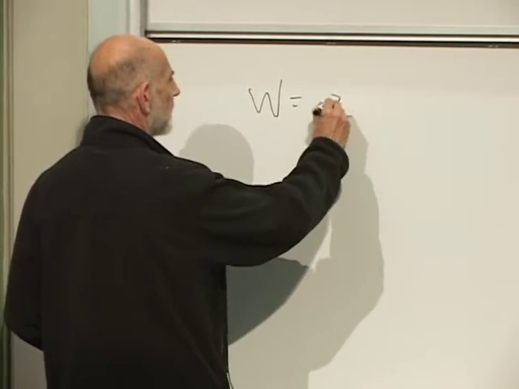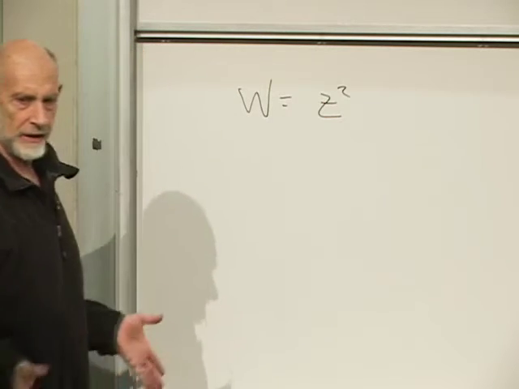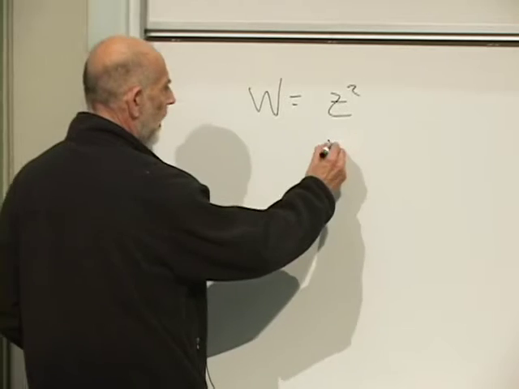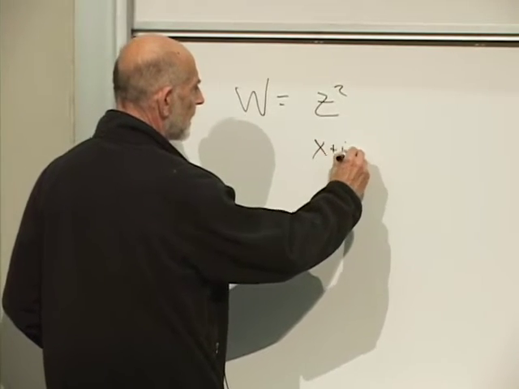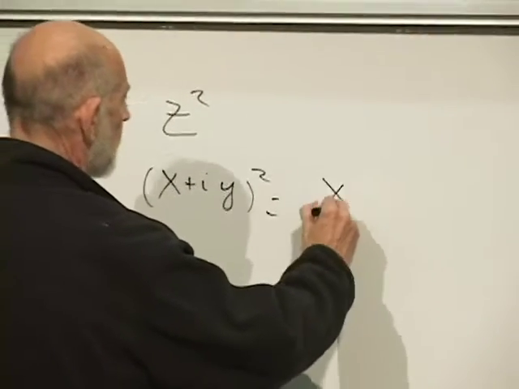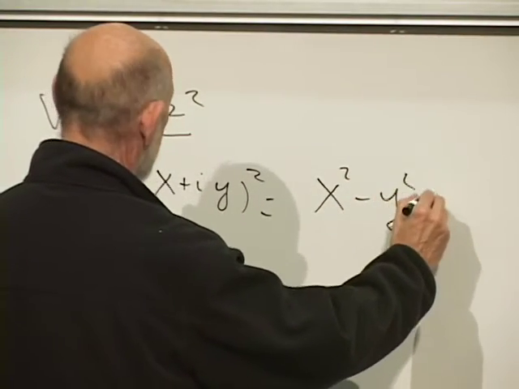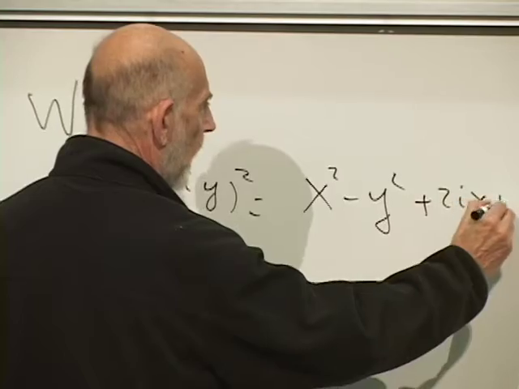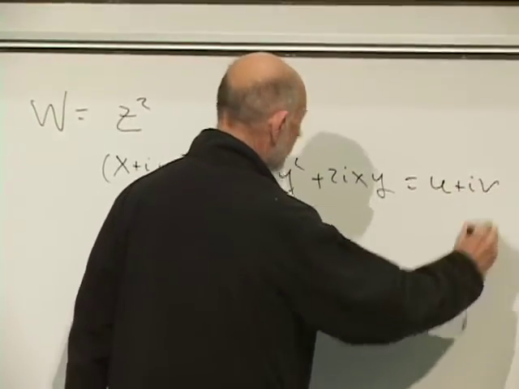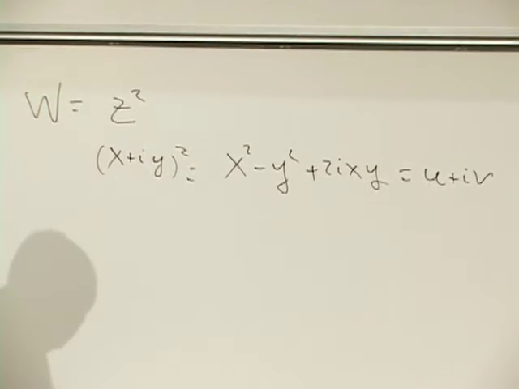Let's check if it's analytic. z is x plus iy. (x plus iy) squared is equal to x squared minus y squared plus twice i xy. And this must be equal to u plus iv. w is equal to z squared.